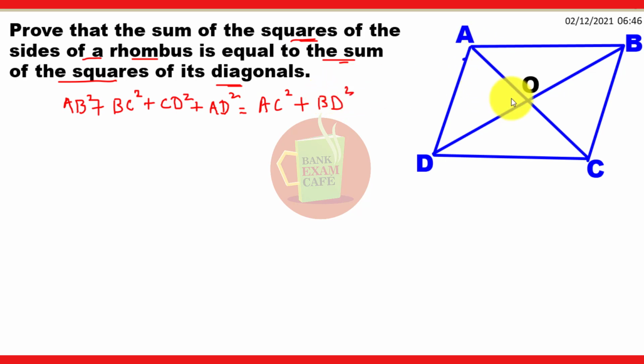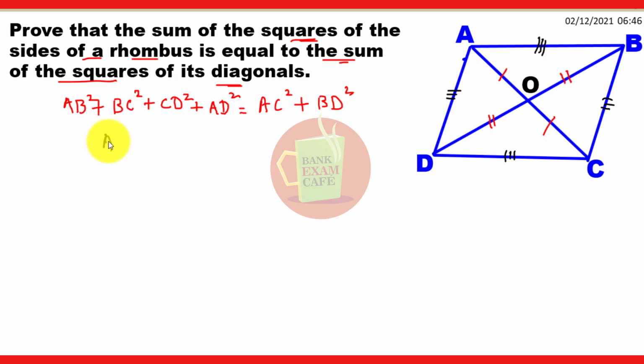Now here we know that the diagonals of the rhombus bisect each other, and therefore AO will be equal to OC, and DO will be equal to OB. All four sides of the rhombus are equal.